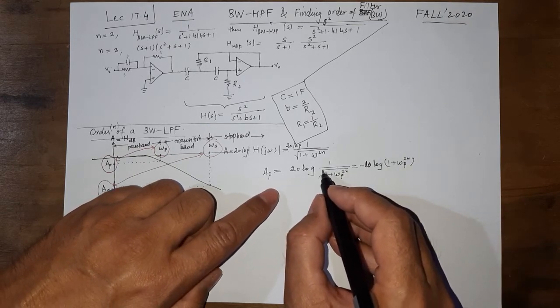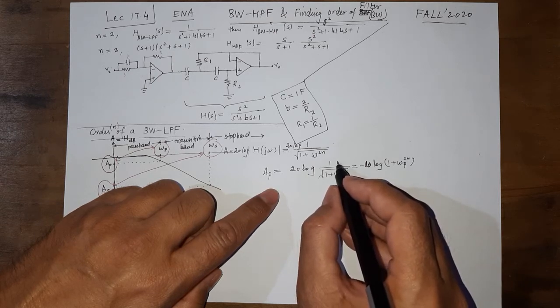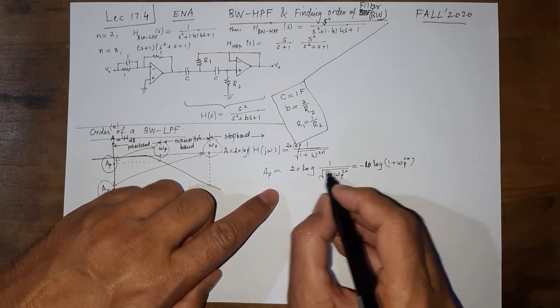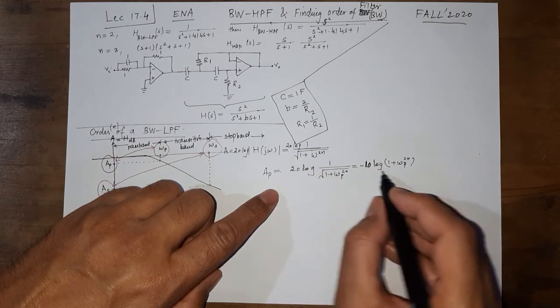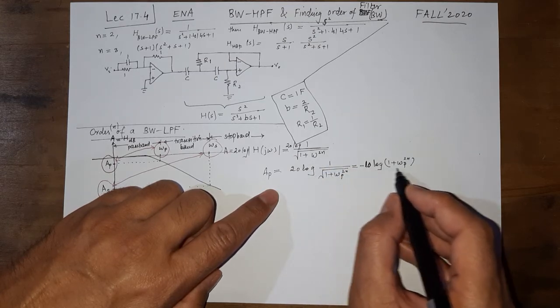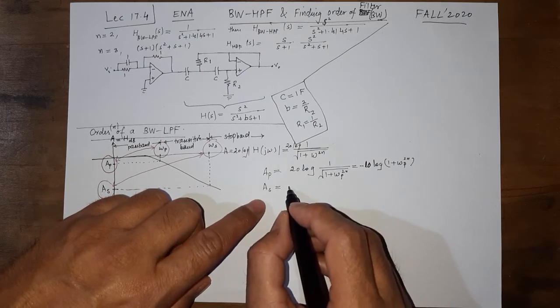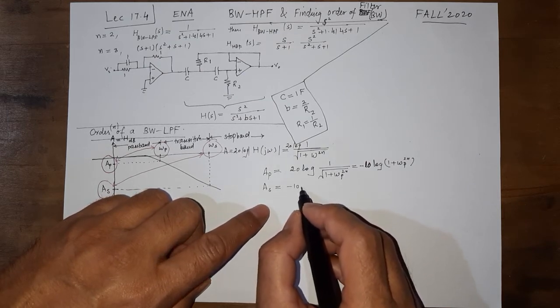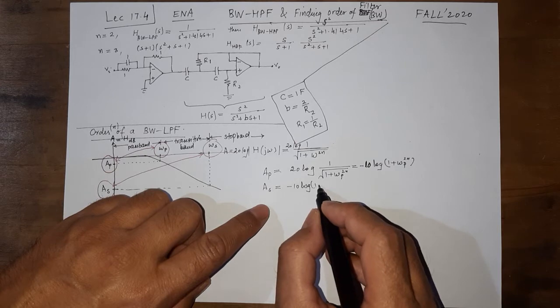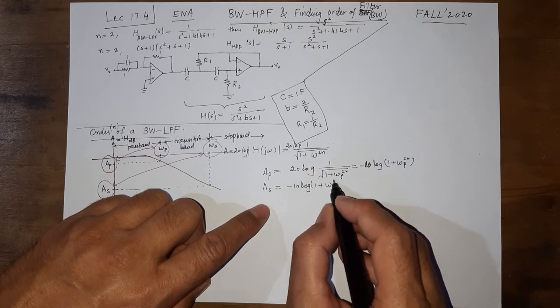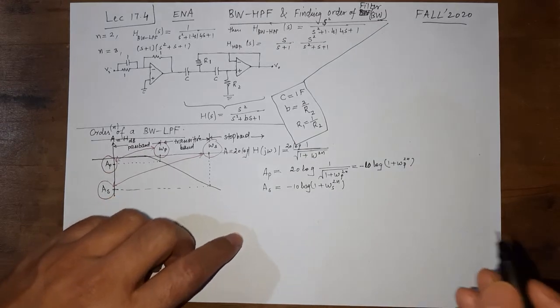So if we take this to the numerator, we get minus half in the power of the square root, it comes here, and this makes this minus 10, and we get this thing. Similarly, for AS we get minus 10 log of 1 plus omega s power 2n.